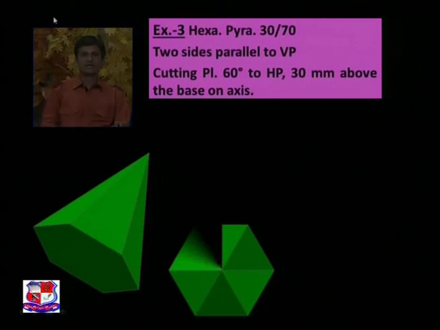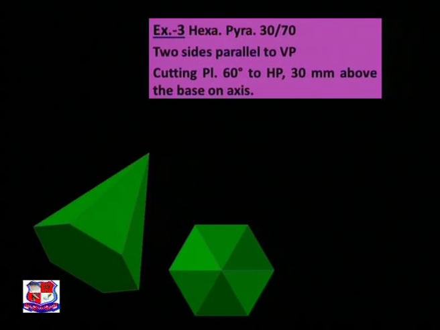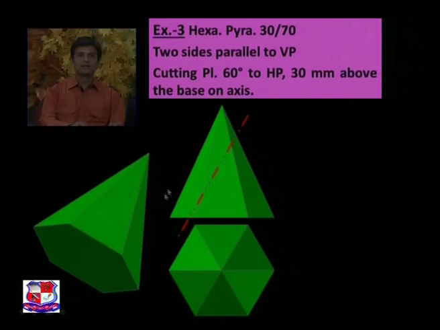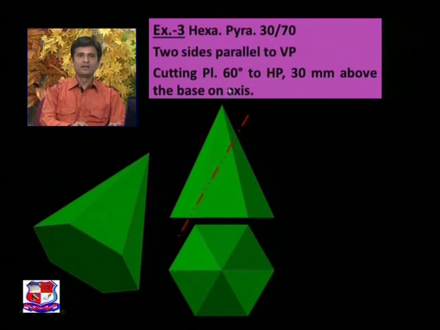So first let me draw its top view. Two sides are parallel to VP, so draw a hexagon below XY line such that two sides are parallel to XY line. So this is the top view and this is the front view for this solid. Now this is the cutting plane. Here it is given the cutting plane makes an angle of 60 degree with horizontal plane.